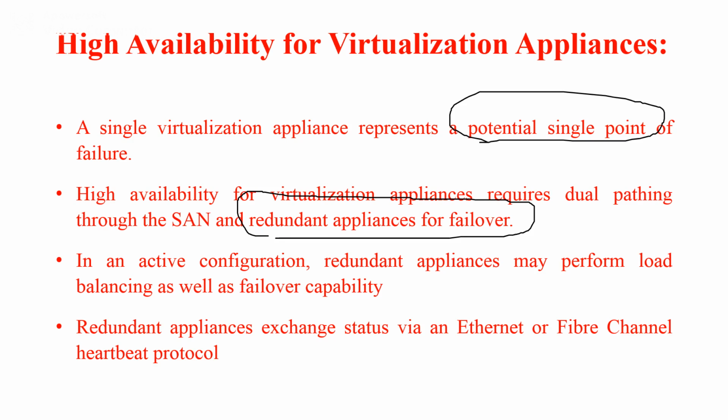So in order to maintain high availability, we need more paths rather than a single point, that is, dual pathing through the SAN, and the appliance should be redundant, meaning a redundant appliance for failover. In an active configuration, redundant appliances may perform load balancing as well as failover. Redundant appliances exchange status via an Ethernet or Fibre Channel heartbeat protocol.